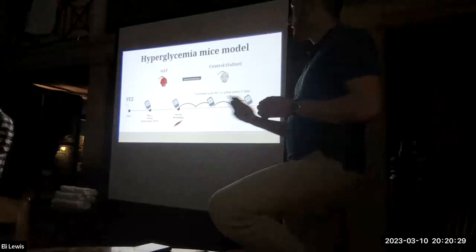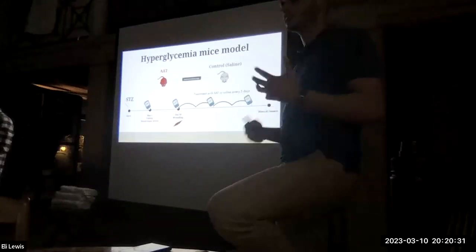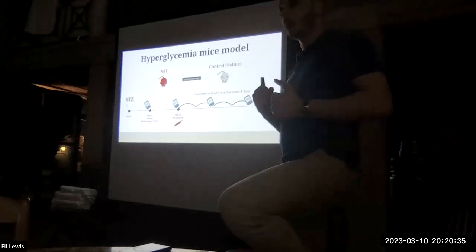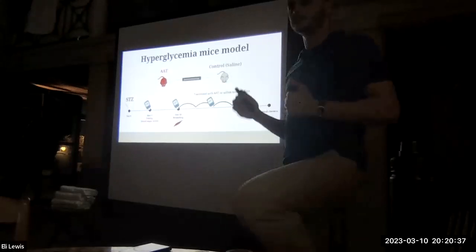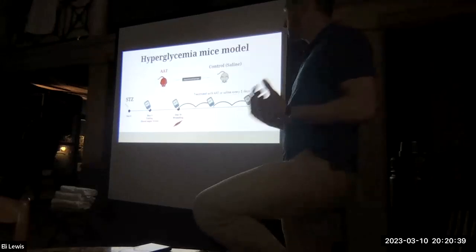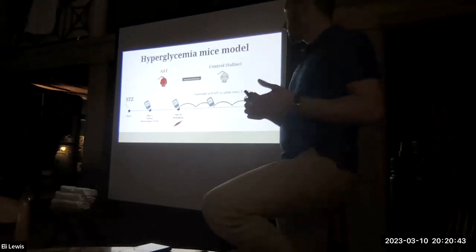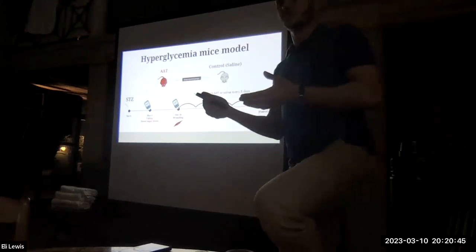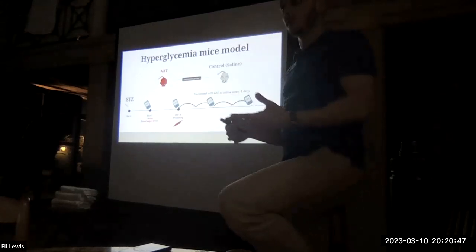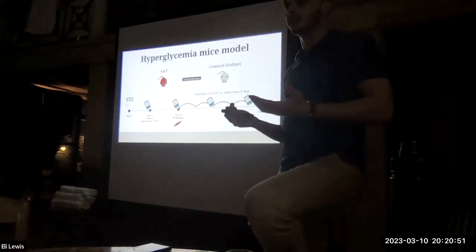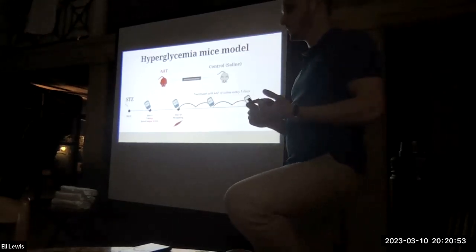It is taken up by beta cells in the pancreas. The beta cells are in charge of producing insulin. Upon the entry of STZ into the beta cells, it causes apoptosis of the cell and results in a non-functioning pancreas in terms of insulin production and secretion. This caused hyperglycemia in mice.